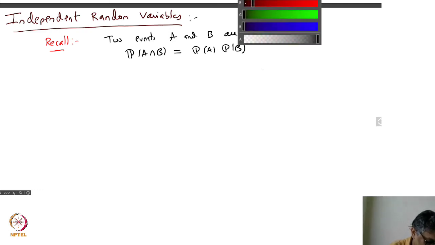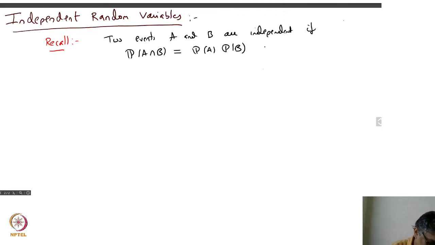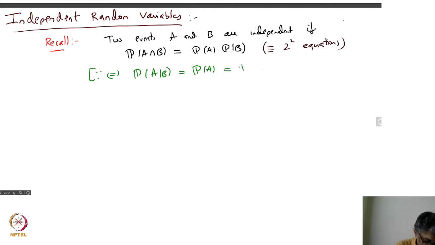Because this gave you the following idea, that this was kind of equivalent. This had actually two equations hidden inside it. The observation we gave last time was that this is equivalent to the chance of A given B being the same as the chance of A, and the chance of A given B complement.